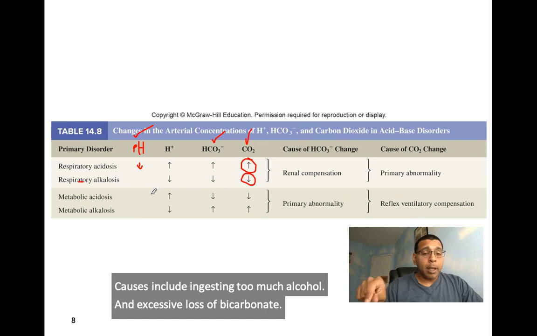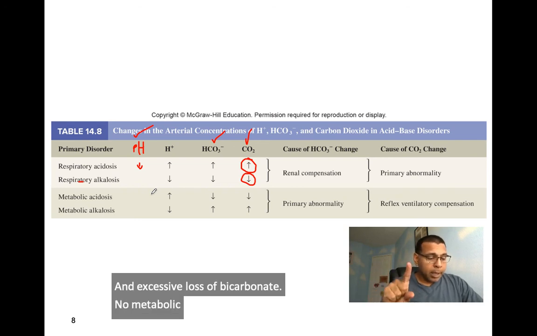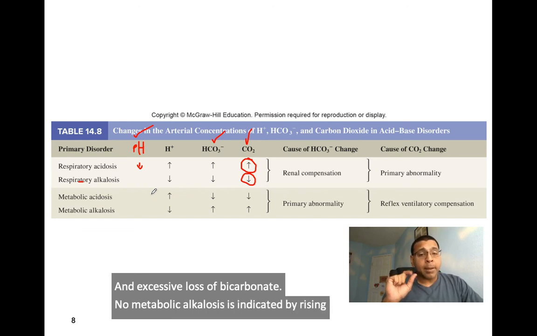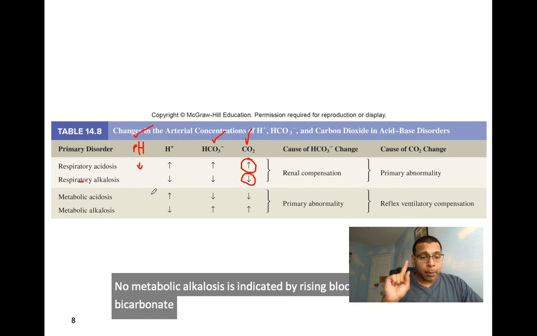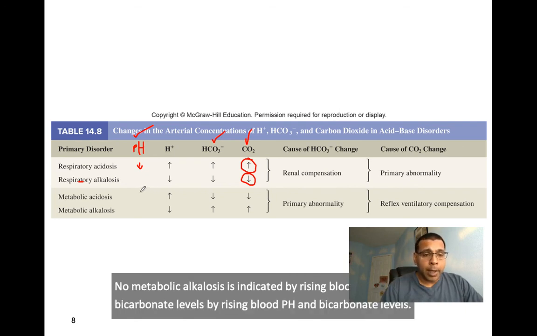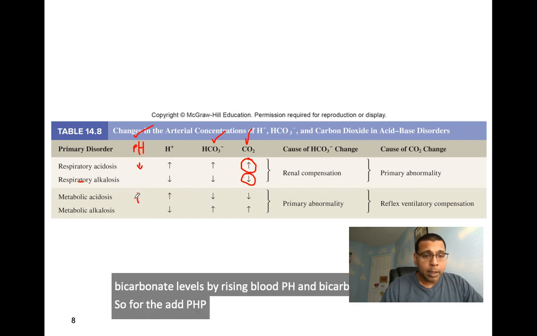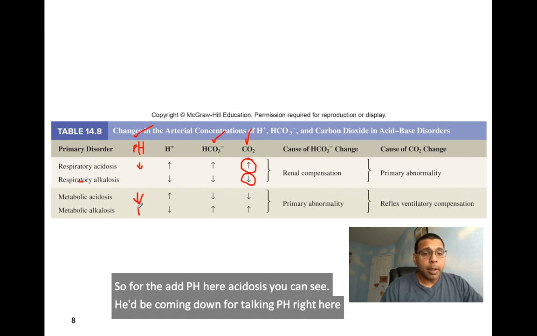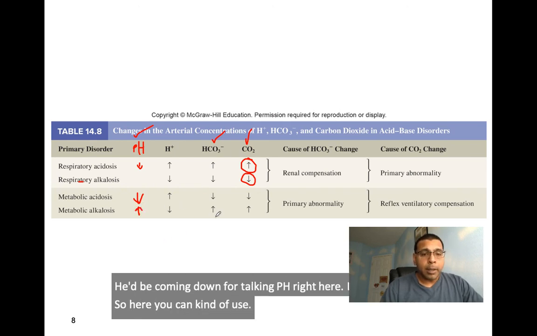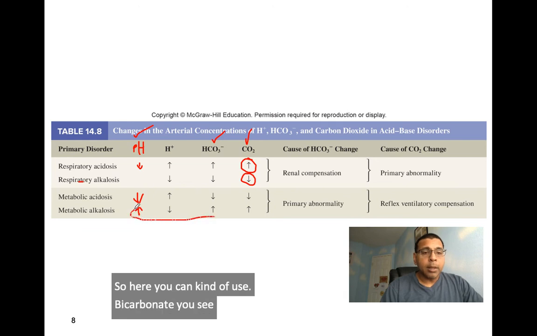Now, metabolic alkalosis is indicated by rising blood pH and bicarbonate levels. In acidosis, pH comes down; here it's going up. So bicarbonate and pH levels go in the same direction.